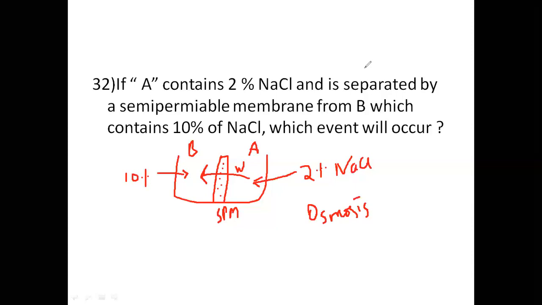Then this is multiplied by RT. R is 0.0821 and the temperature is 293. You solve this.